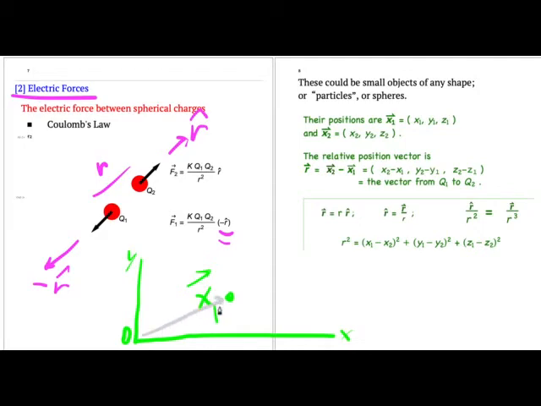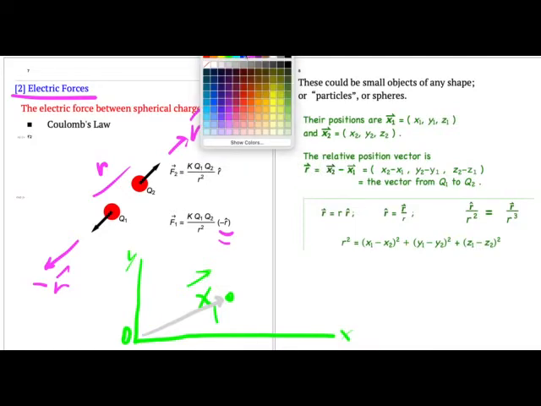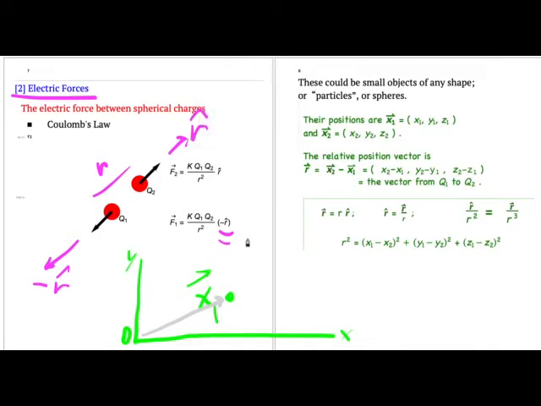That's the vector x1. Now someplace I have another charge. Let's put it also in green. So here's another charge. And it will have a position x2.